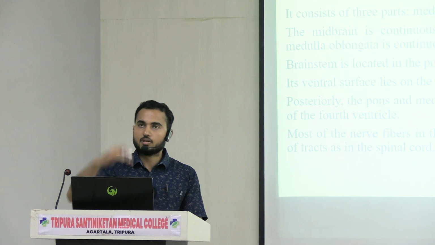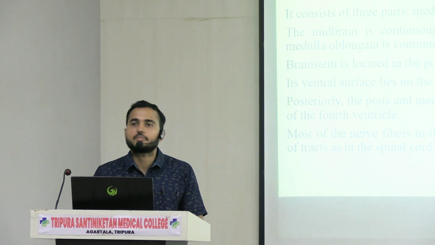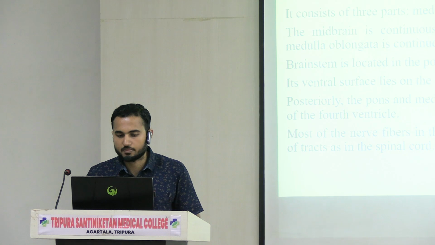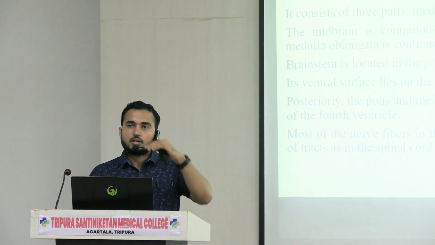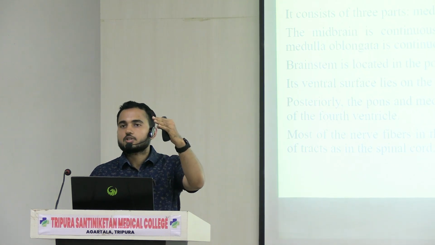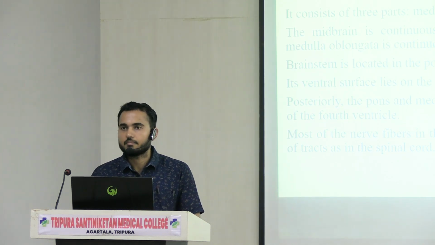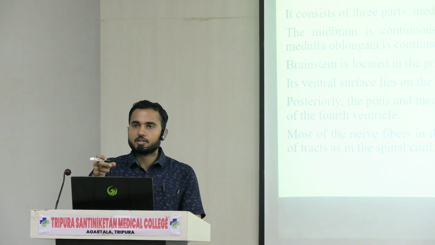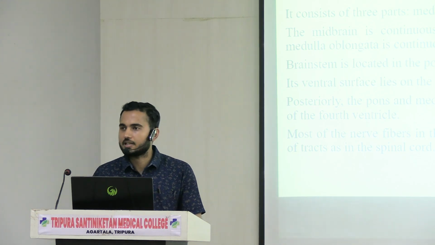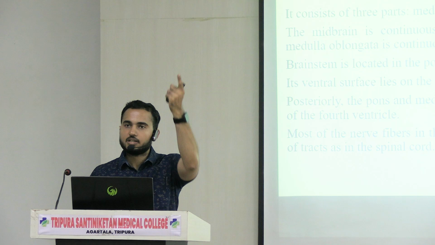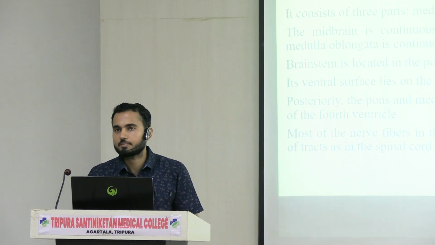From below upwards, these are the parts of the brainstem. The superior most part is the midbrain, and the lowest part is the medulla oblongata. Below the medulla oblongata, it continues as spinal cord. Above the midbrain, it continues as cerebral hemisphere.